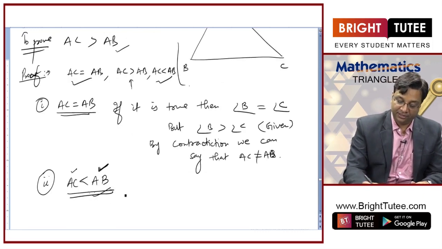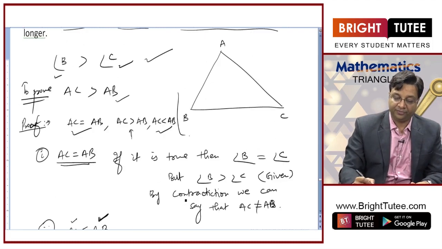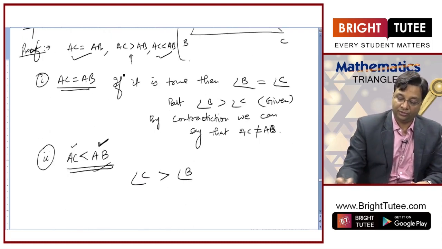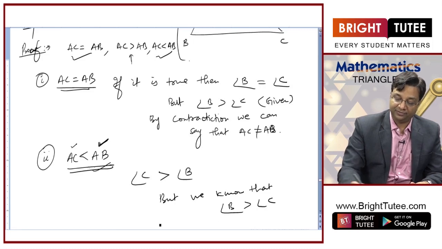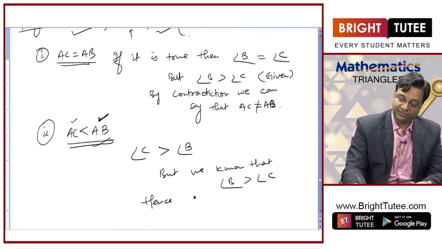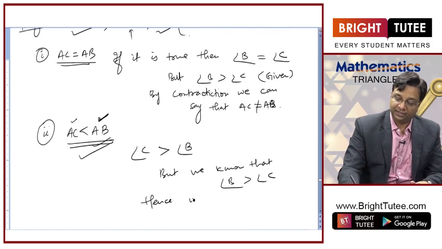So as per this, angle C is greater than angle B, which is not true, because we know that angle B is greater than angle C. Hence, this second case, case 2, is not true.